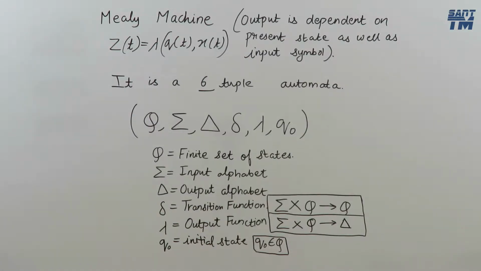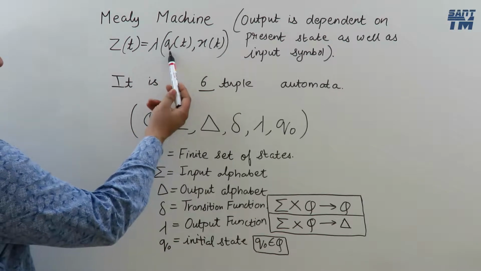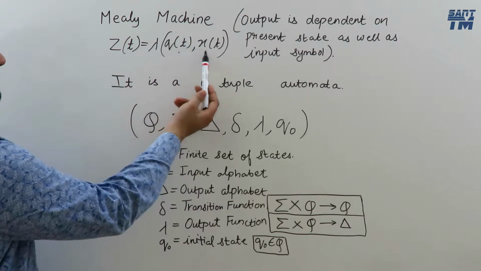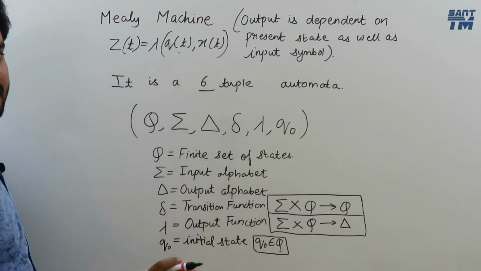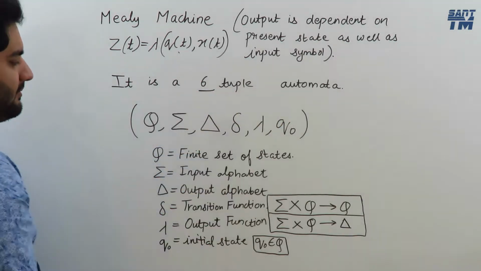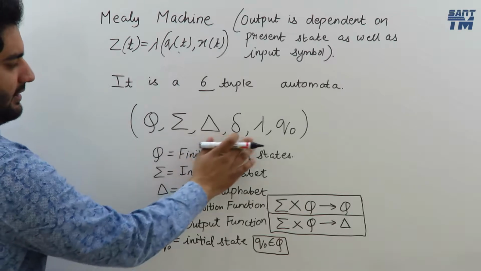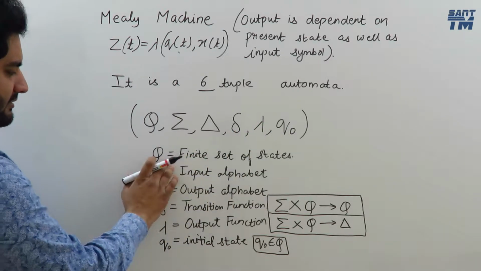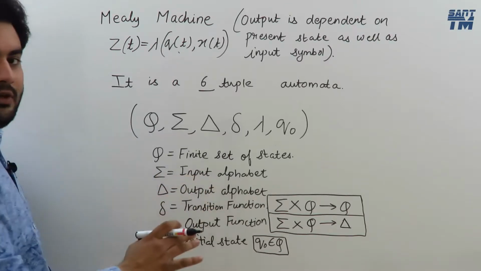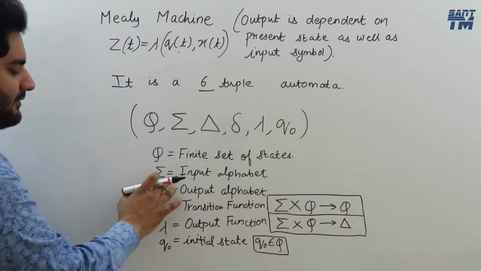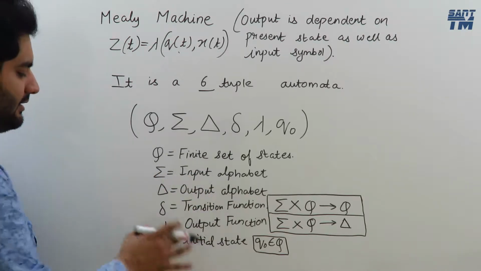Now let's study the definition of the Mealy machine first. In the Mealy machine, the output is dependent on the present state as well as the input symbol. The analytical definition states that it is a 6-tuple automaton. The 6 tuples are Q, sigma, triangle, delta, lambda, Q naught. Q is the finite set of states, we already know. Sigma is the input alphabet, that means the set from which input symbols are taken.